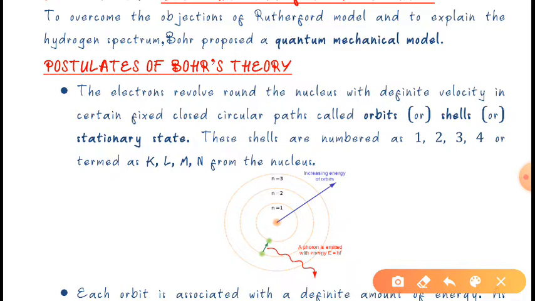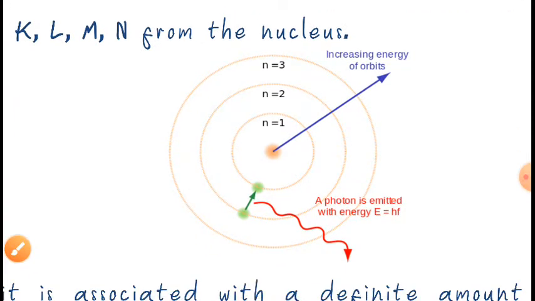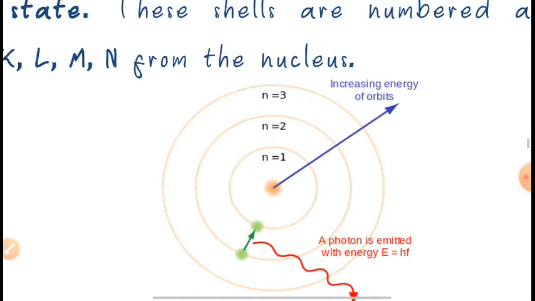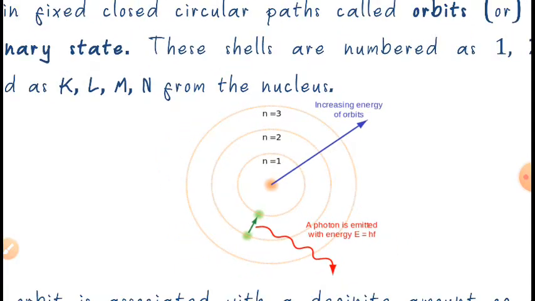This shell or orbit is numbered 1, 2, 3 and 4, or K, L, M, N, O, as you can see here in this diagram. He says the electron revolves around the nucleus in a specific permitted circular orbit and in no other orbit, right?